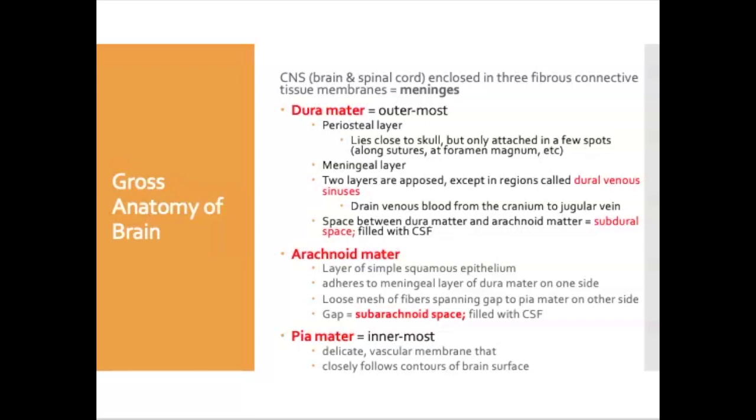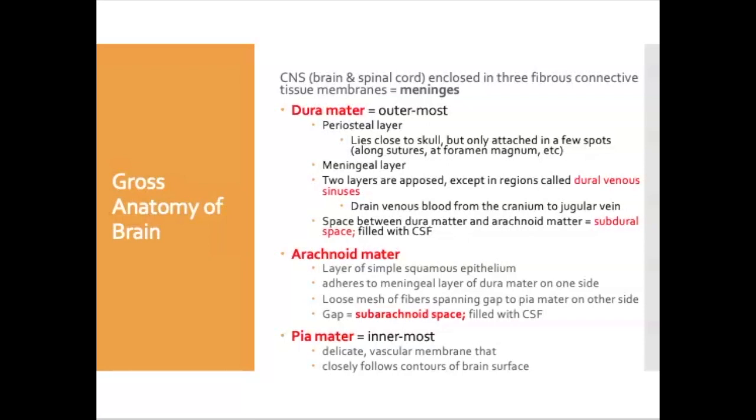The 2 layers of the dura mater just lay right on top of each other, but there are some areas where they don't lay on top of each other. There are some areas that they are allowed to be separate from each other, and those regions are referred to as dural venous sinuses.